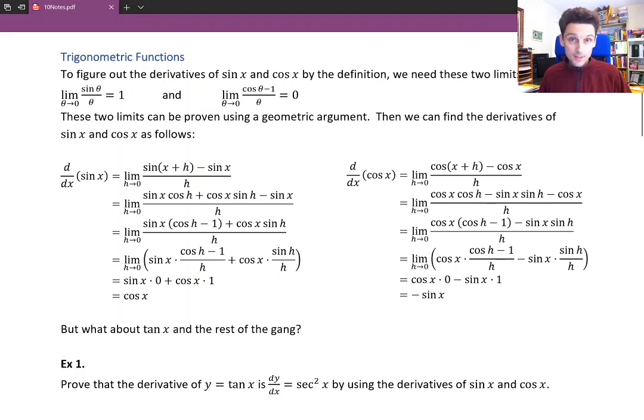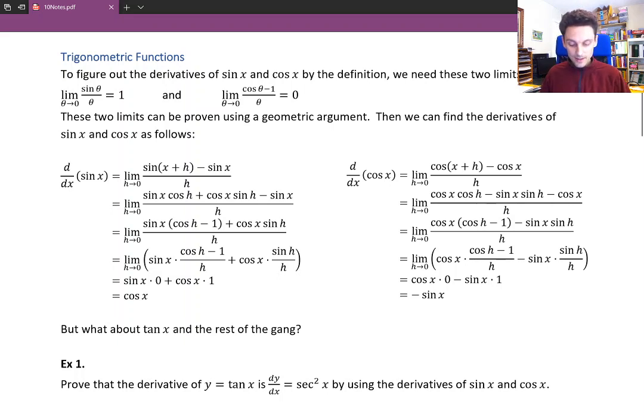And we're going to write it in this particular form: sine of x times cosine of h minus 1 over h, which we like because we know the limit as h approaches 0 of cosine of h minus 1 over h is going to turn into 0 based on what we said above, plus cosine of x times sine h over h, and that's great because the limit as h approaches 0 of sine h over h is going to be 1.